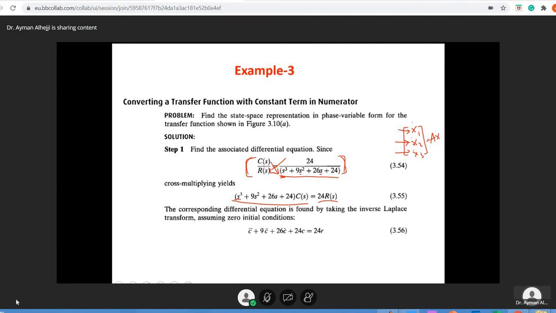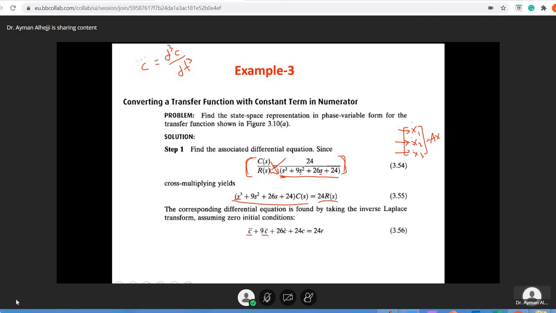S cubic becomes C triple dot. We know C triple dot means d cubed C over dt cubed. Do you agree with me? Yes. Here for S squared, I have C double dot.